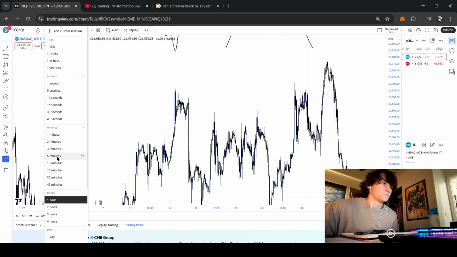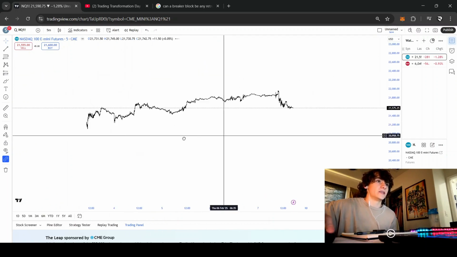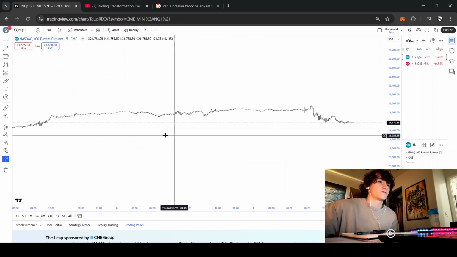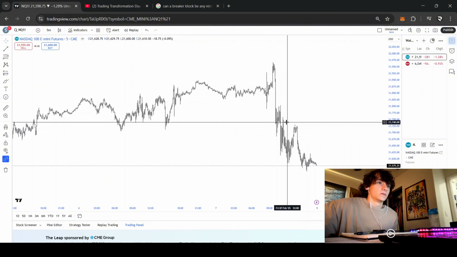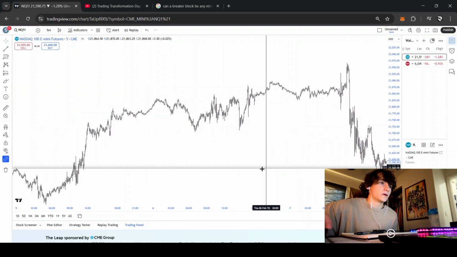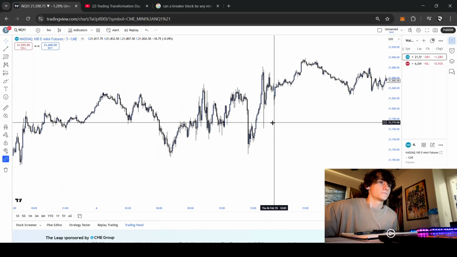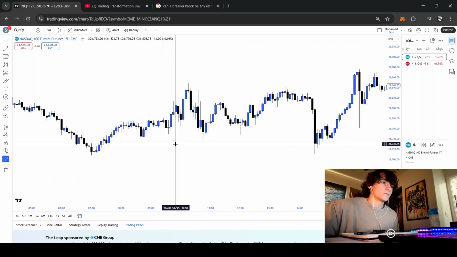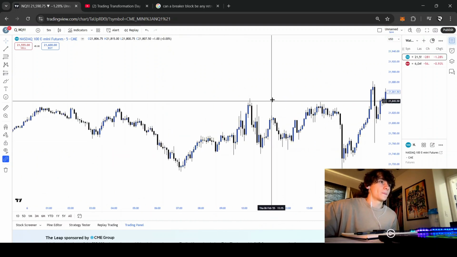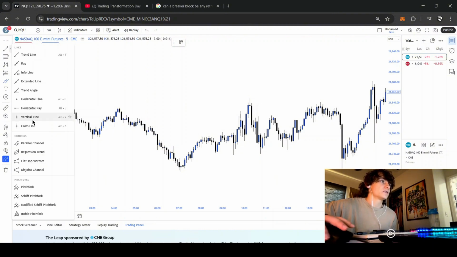Okay. Now, what does this look like on a chart? So, let's go to the one I liked yesterday. So we have this liquidity sweep, right?